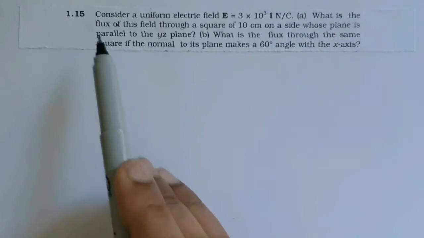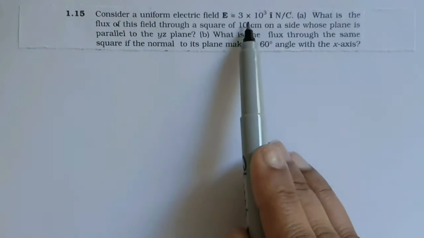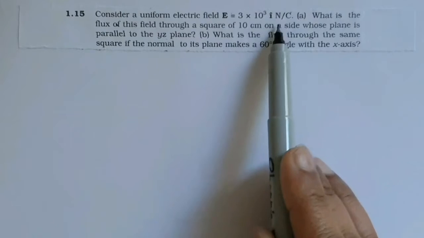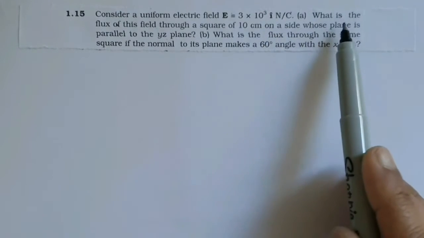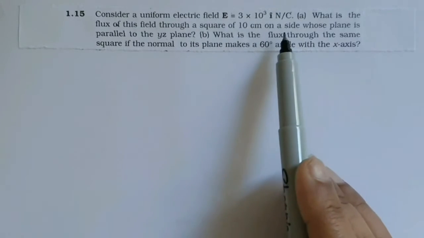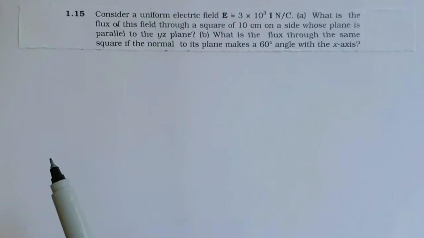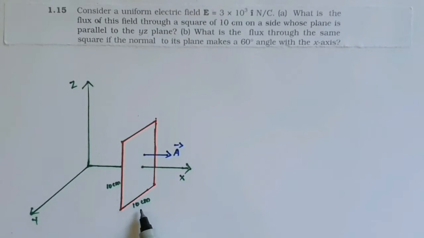Question number 15. Consider a uniform electric field E equal to 3 into 10 raised to 3 i cap Newton per coulomb. A. What is the flux of this field through a square of 10 cm on a side whose plane is parallel to the YZ plane? Consider a square of side 10 cm. Let x, y, z be the coordinate axes.